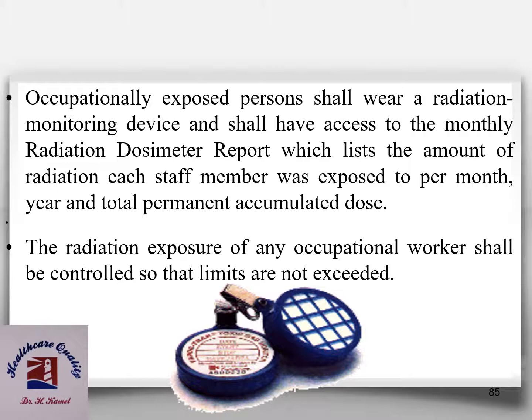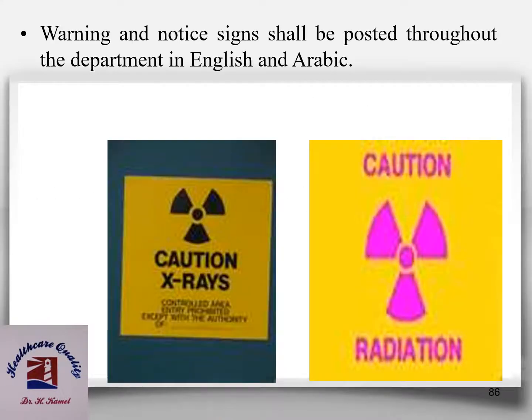The radiation exposure of any occupational worker shall be controlled so that limits are not exceeded. Warning and notice signs shall be posted throughout the department in all languages needed.